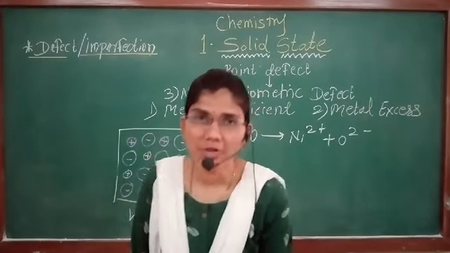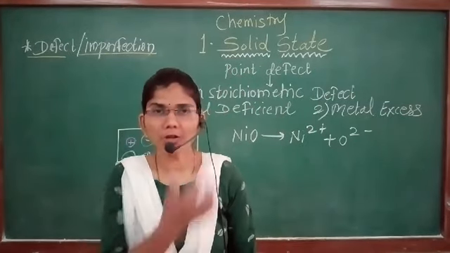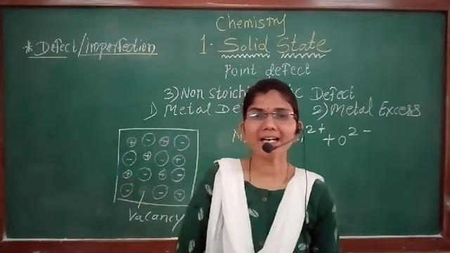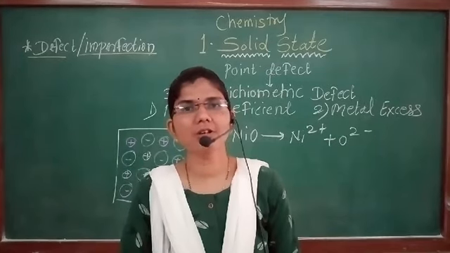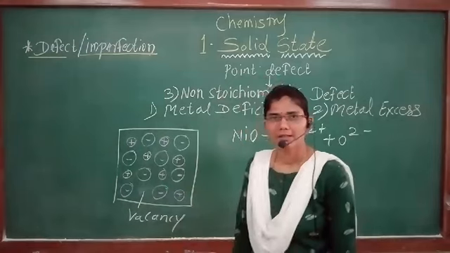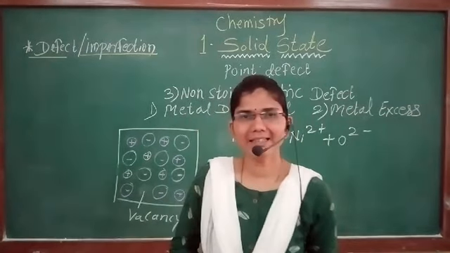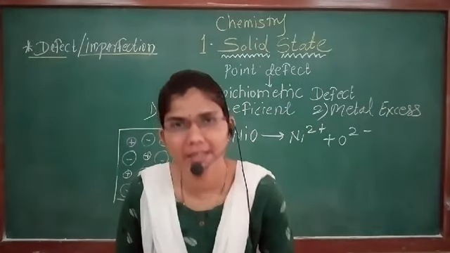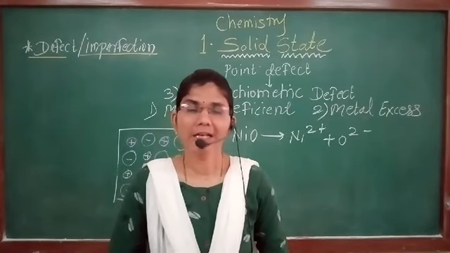A non-stoichiometric defect arises when the ratio of the number of cations to the number of anions is different from that in the chemical formula. Means here in the crystal structure, the ratio of the number of cations and anions is different in this non-stoichiometric defect.